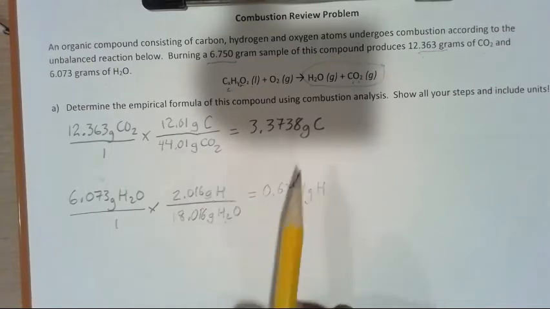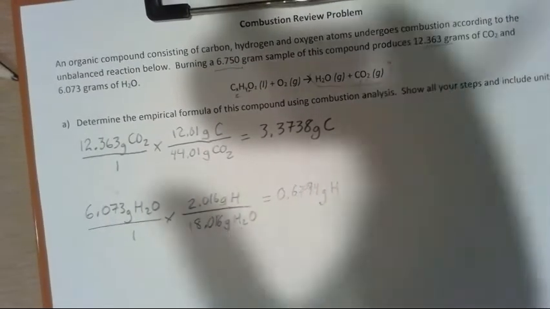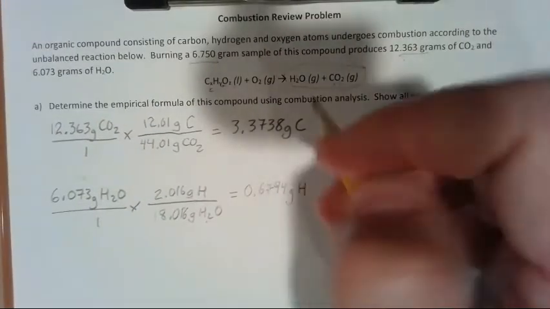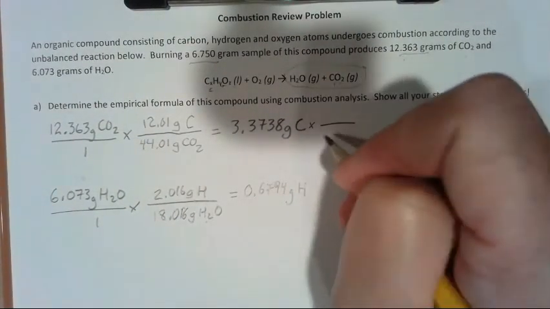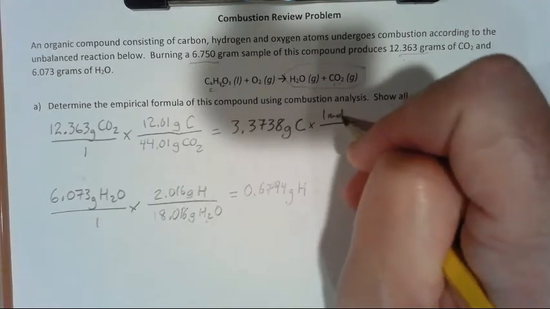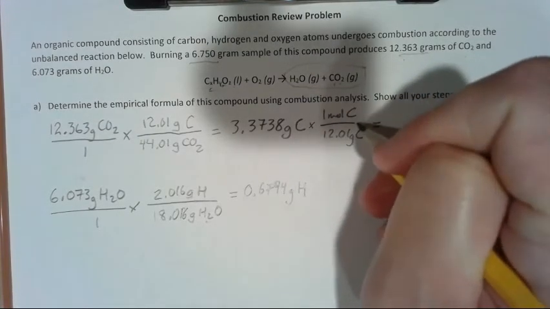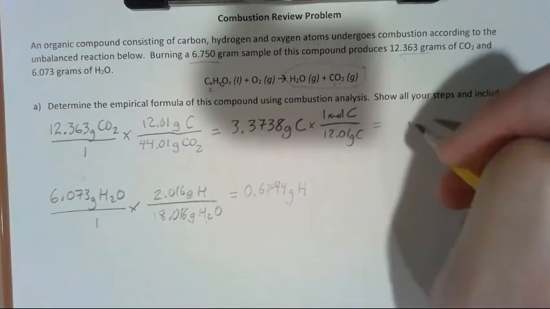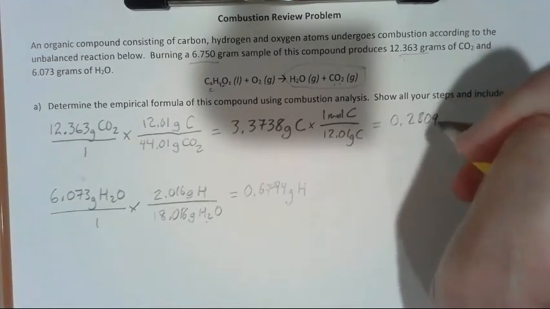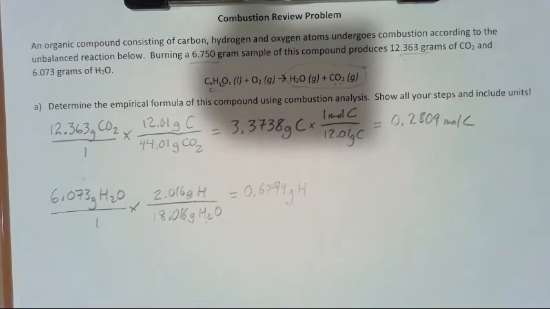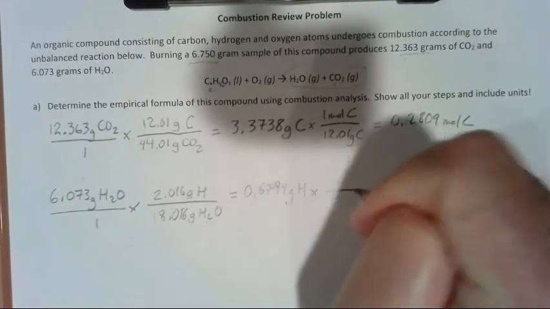So we have our grams of carbon, we have our grams of hydrogen. From here, we can find the number of moles of each by doing just a quick mole conversion. So 1 mole of carbon is 12.01 grams of carbon, and that gives us 0.2809 moles of carbon. And we'll do the same thing with the hydrogen.